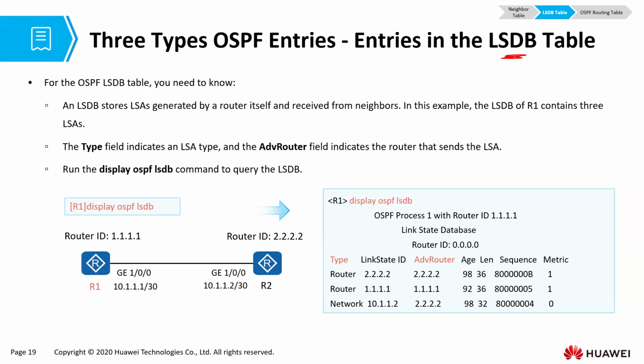Because what does the link state database contain? It contains the topology of the whole network. So I connect topology network ESA. It means if I display my LSDB, what will I see? I will see the topology of the whole network.